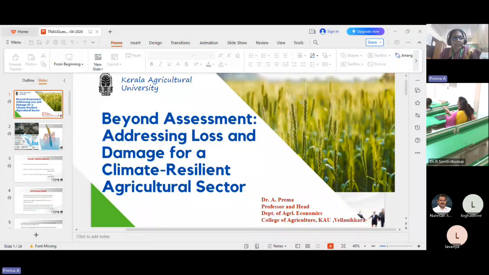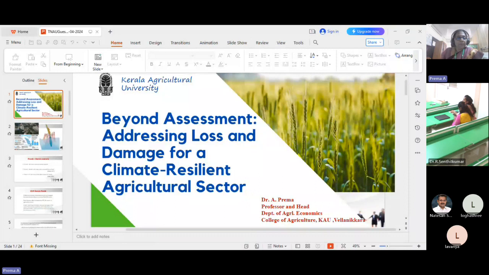What I want to highlight is that after our analysis, from the floodplain consisting of some 19 panchayats, the total damage and loss was to the tune of 259.4 crores in the floodplain. This is what we got from our analysis.